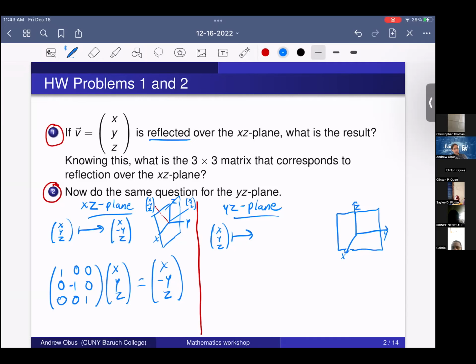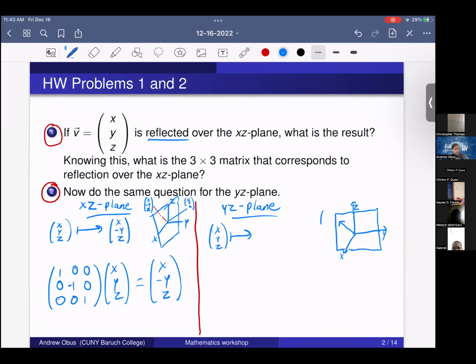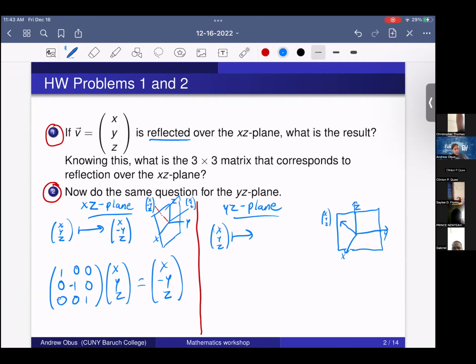And then if I have some vector like XYZ, which is a little bit hard to write, maybe let me draw it a little differently so it's less cluttered. So if I have some vector here, which is going to be given by XYZ, then its reflection, if we think of this one as kind of pointing out of the board, the reflection is kind of going to point into the board or into the paper.